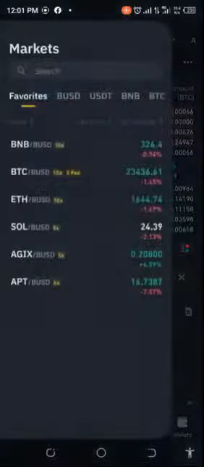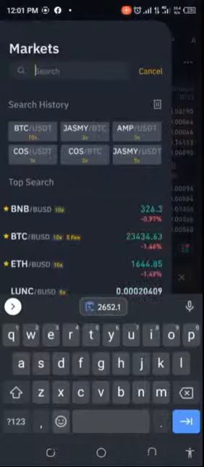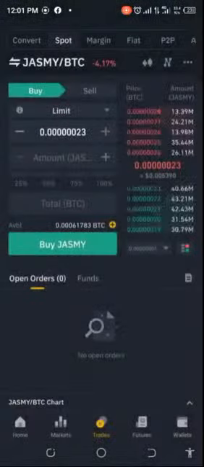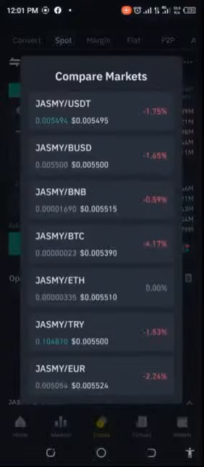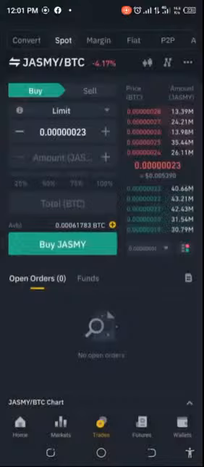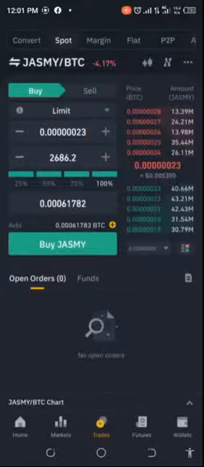So we go ahead and choose Jasmine BTC. I'm going to check one more time just to be sure that everything is still intact. Looks so. Everything I'm doing here, don't forget, is by limit. I'm just going to take a screenshot of that. Let's go ahead and do this one.